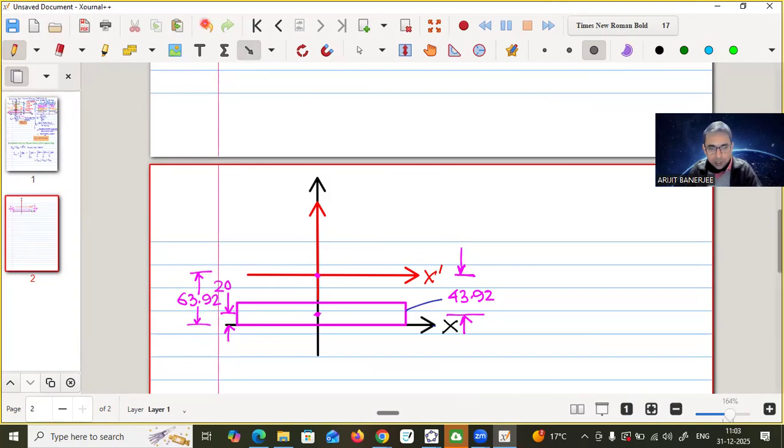From this point, I will move to this. I know the moment of inertia of this magenta color area about this point, C1.